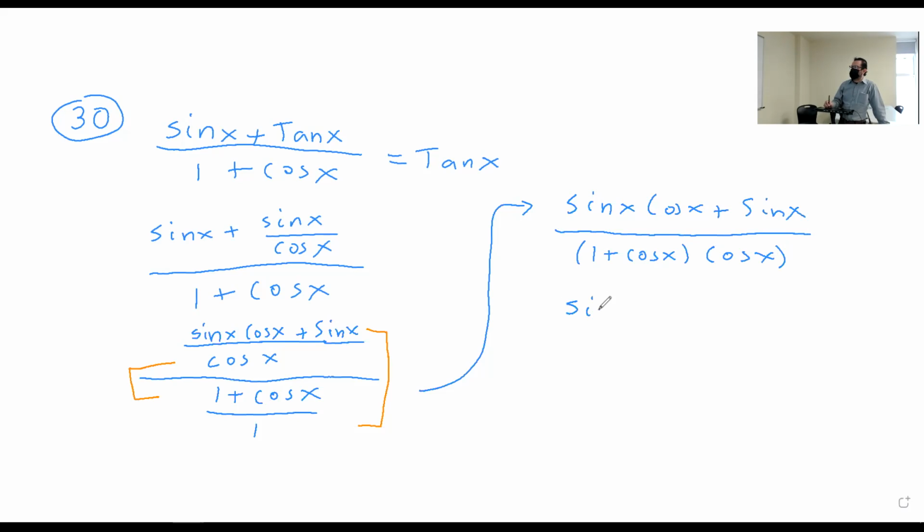So we can have sine of x multiplied by cosine of x plus 1. This would give us 1 plus cosine of x times cosine of x.